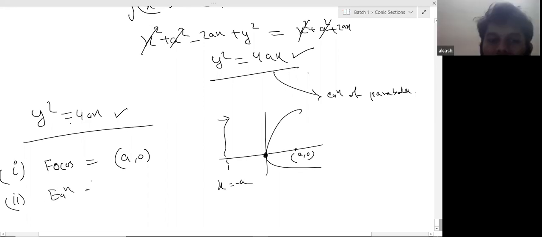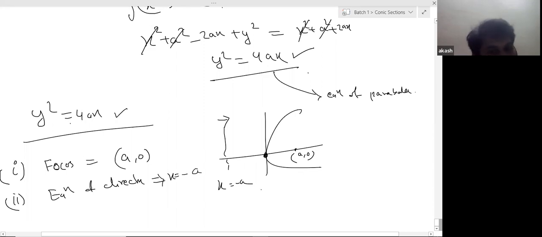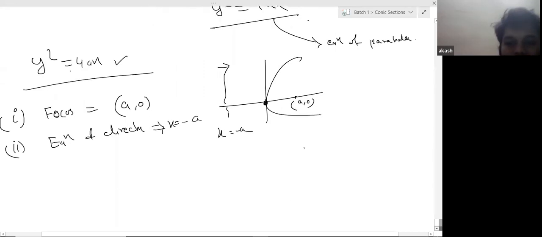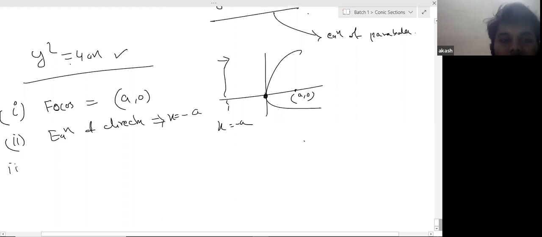Equation of directrix is x equals minus a, right? If they ask you the axis, what was the axis?